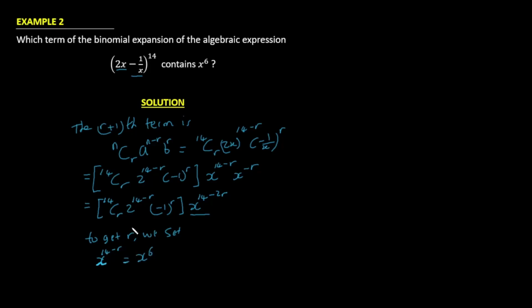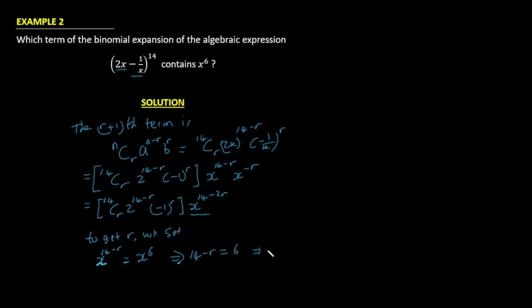So whatever we have here is going to be a number, and the number is not important for now. What we have there is that the power of x has to be 6. That means x to the power of 14 minus 2r has to be equal to x to the power of 6. If you equate the powers, we have 14 minus 2r equals 6.